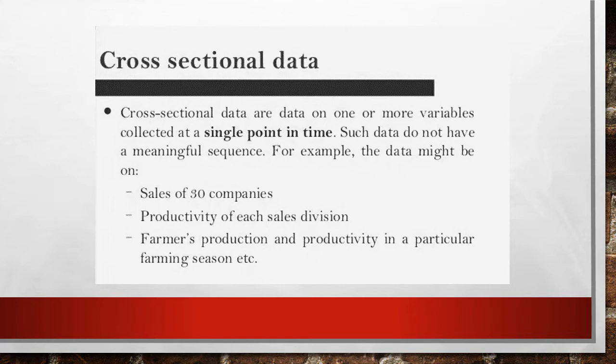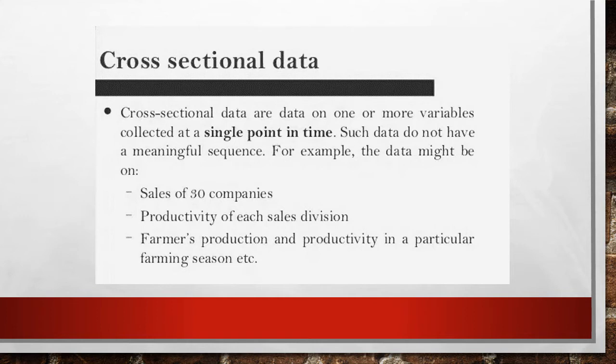What do we mean by that? Cross sectional data are data on one or more variables collected at a single point in time. Such data do not have a meaningful sequence. For example, the data might be on sales of 30 companies, productivity of each sales division, or farmers' production and productivity in a particular farming season.